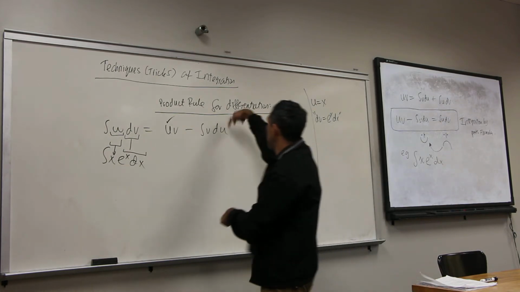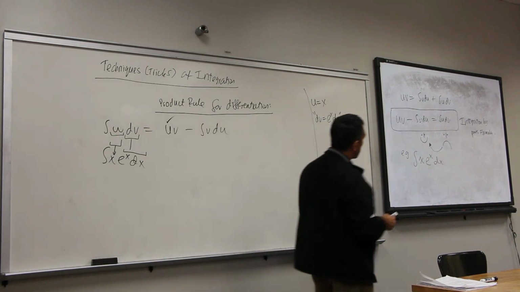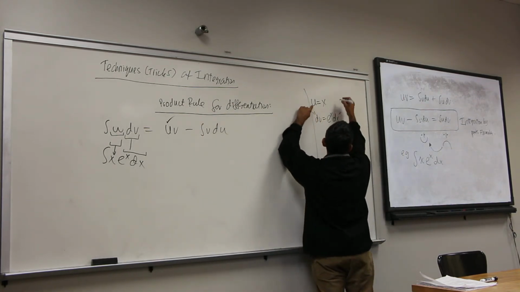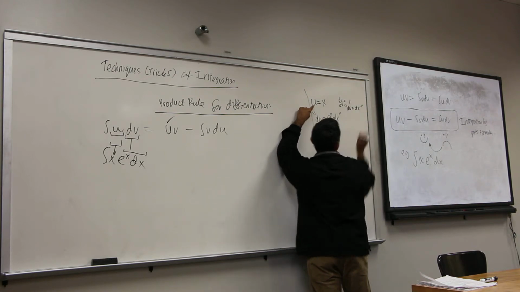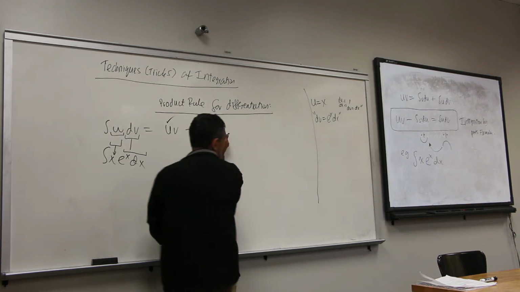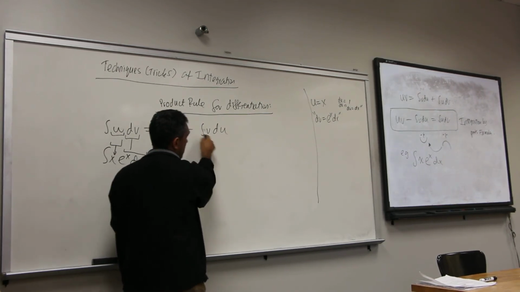So I will put that there and that there. Well, what is du by dx? 1. So du is dx. Now we have to figure this out. We'll just integrate this.